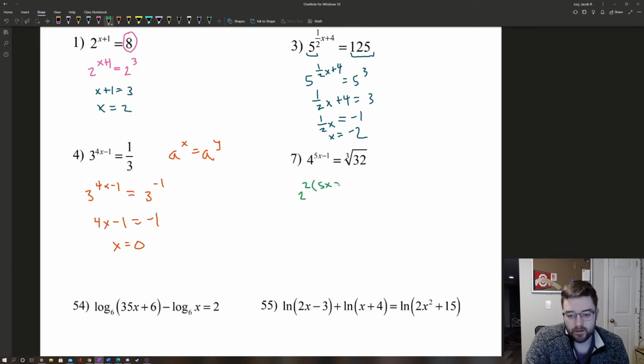to the 5x minus 1, 2 to the 2, with that 2 in the exponent times 5x minus 1, is going to equal, let's see, what is 32 if we're raising it to the power of 2? 32 is equal to 2 to the 5th.